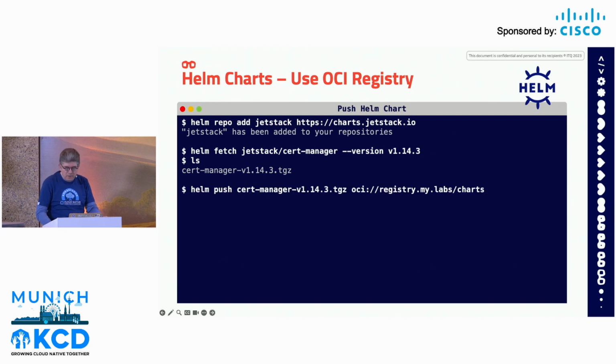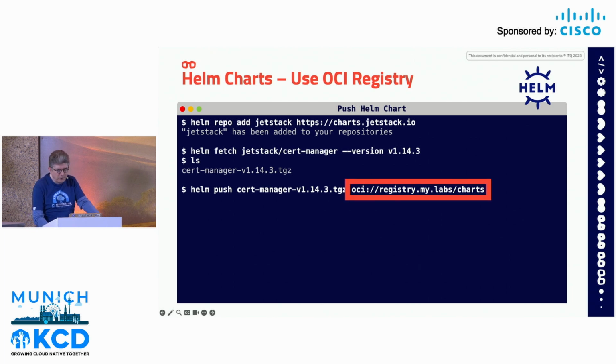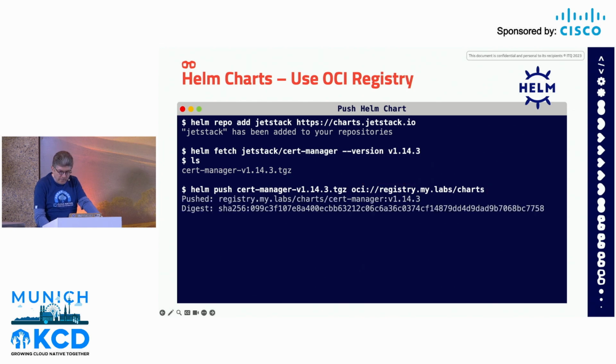And then you just have to use helm push and the name of the tarball and the OCI URL to push the content inside the OCI registry. And after pushing this into the OCI registry, you get the tag and the digest from the OCI registry you use. So it's quite straightforward for a Helm chart.